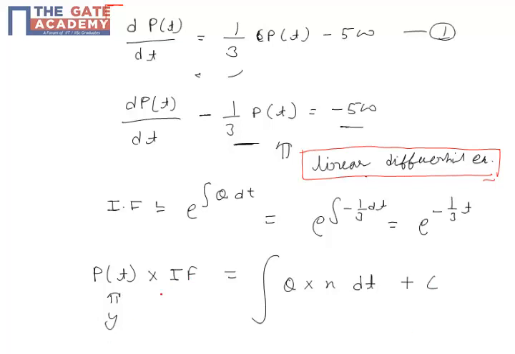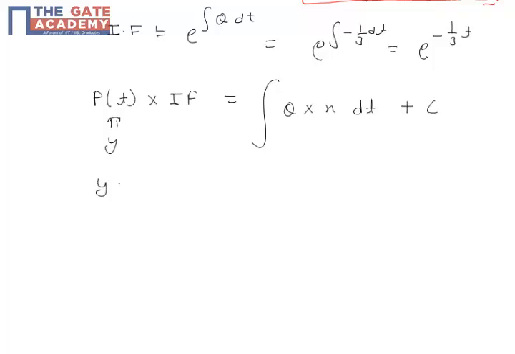So what is the IF? IF is e to the power minus t/3. So p(t) times e to the power minus t/3 equals the integral of minus 500 e to the power minus t/3 dt plus c. If you solve it, just integrate it.